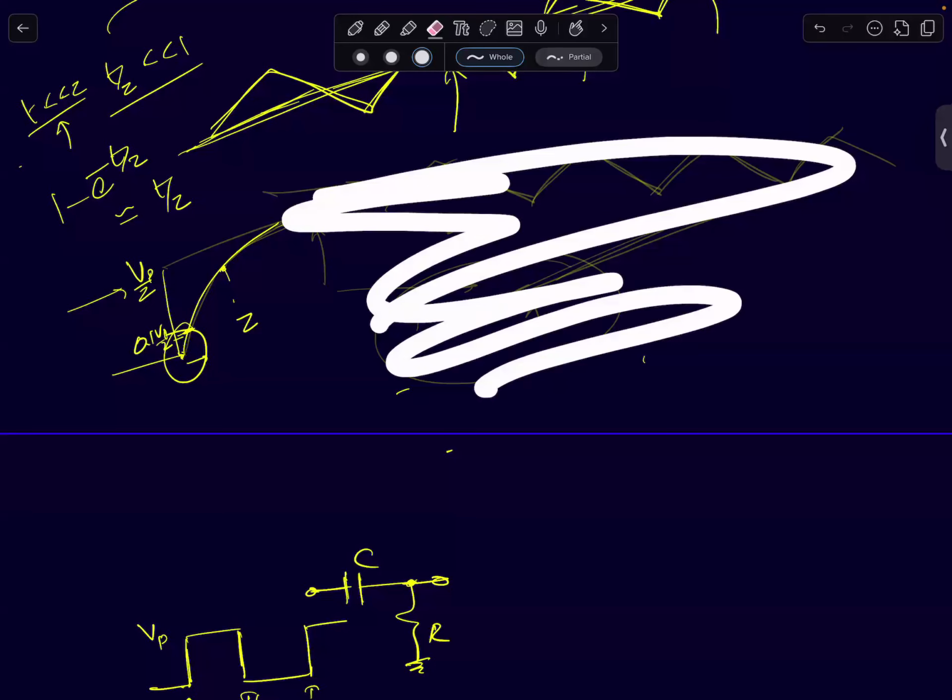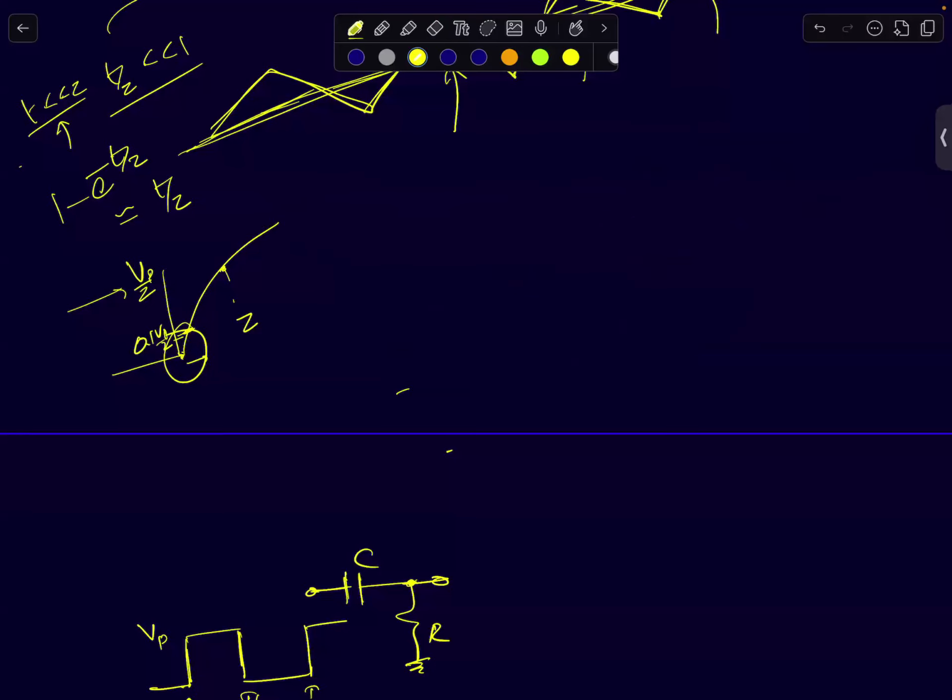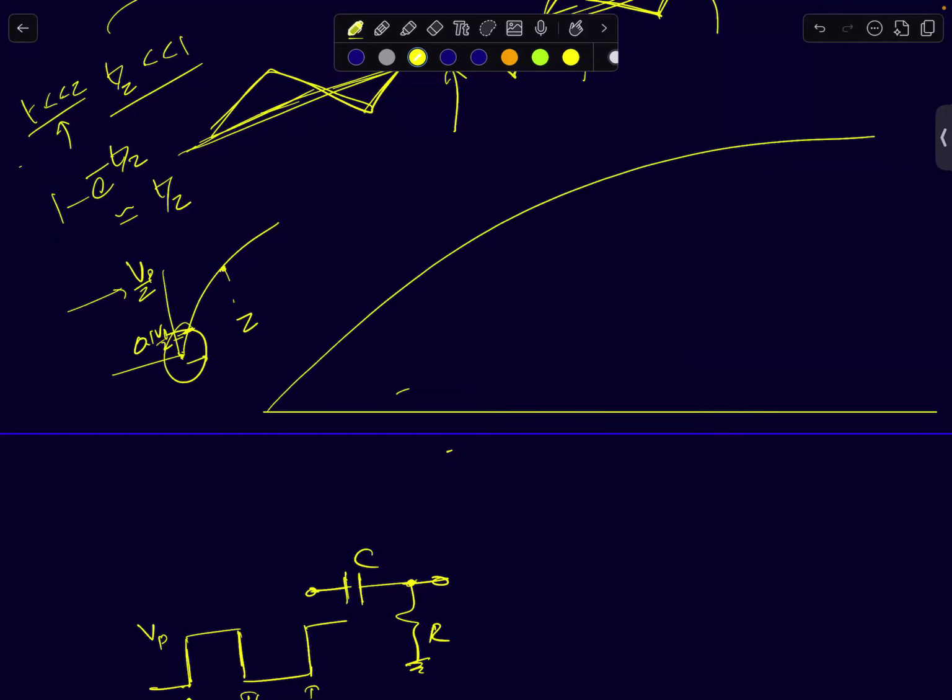If you were to simulate this from t equal to 0, assuming zero initial voltage on the capacitor, it will look something like this. You should first draw a first order RC circuit waveform whose peak value will be Vp by 2.